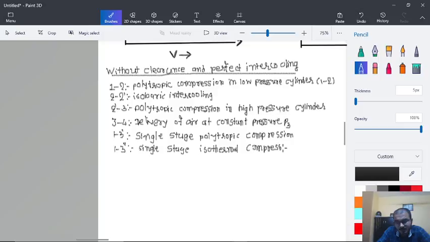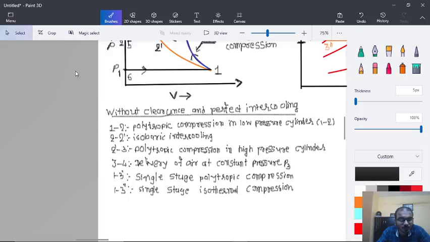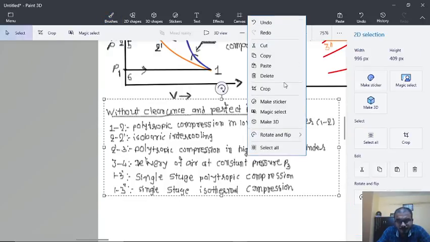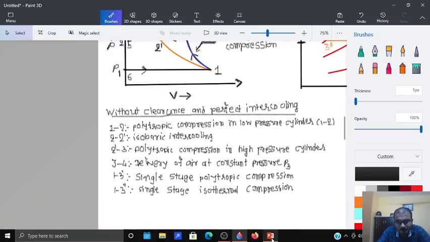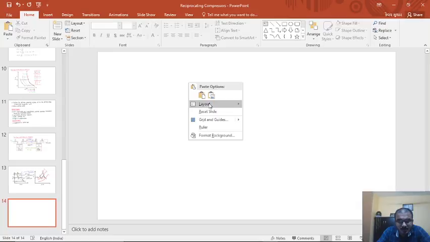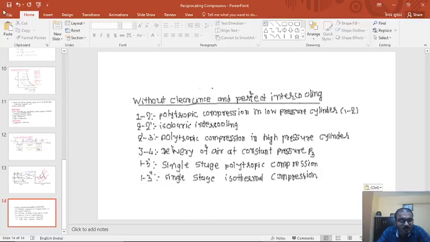So we have described all the processes here, and let's copy them into our main slides. Let's save this.